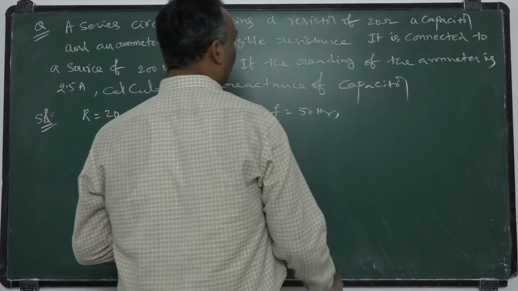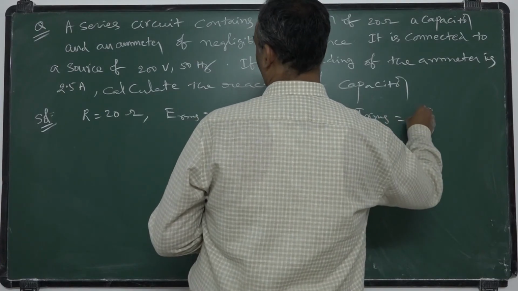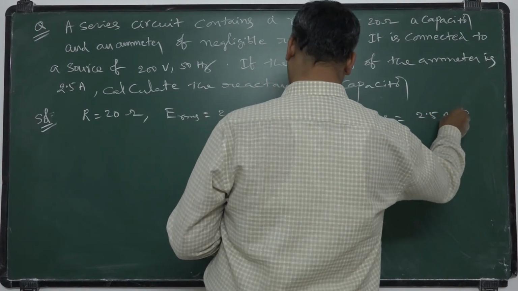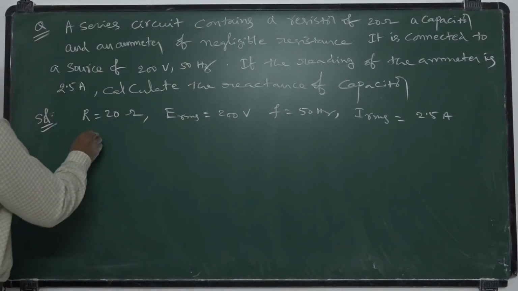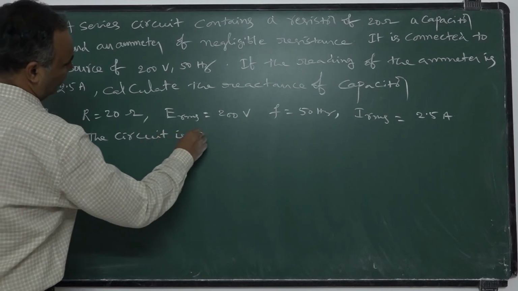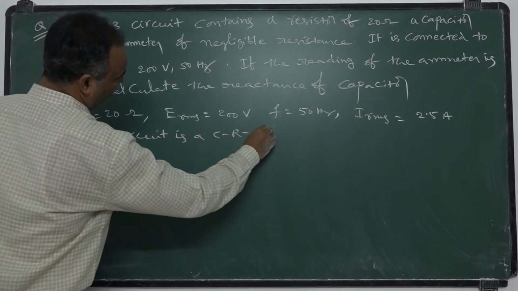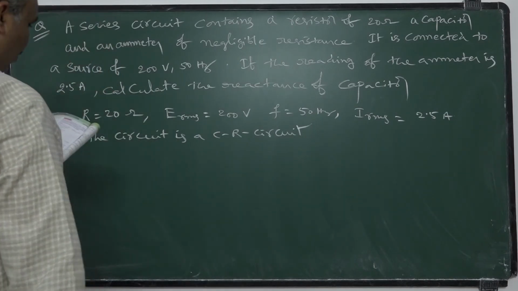And current IRMS is given as 2.5 amperes. The circuit is a CR circuit.